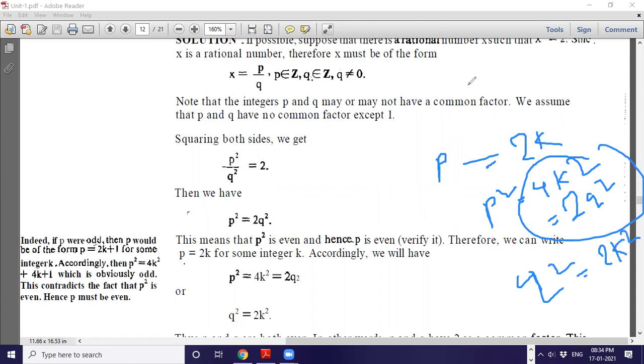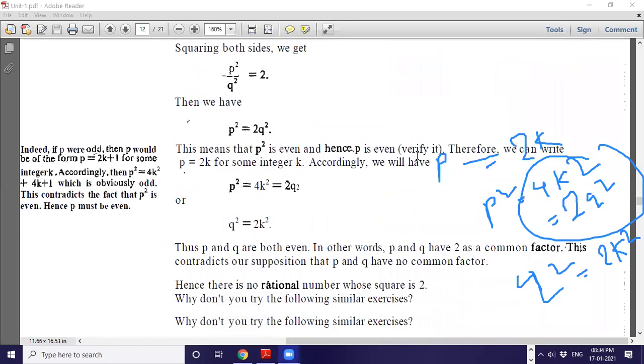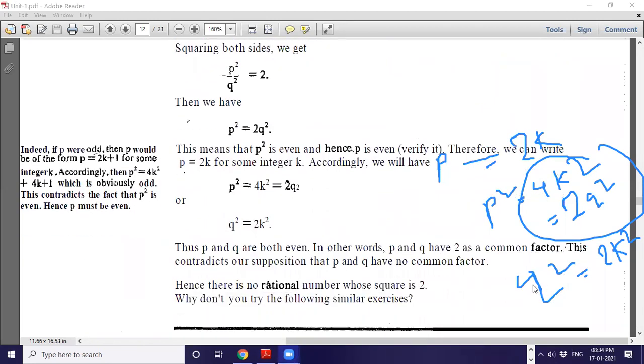Right. So you got that q is also even. We also got already that p is even. So of course, they will have a common factor. What will be that common factor? If they are both even, then 2 will be their common factor. And this actually contradicts our assumption that p and q do not have any common factor.